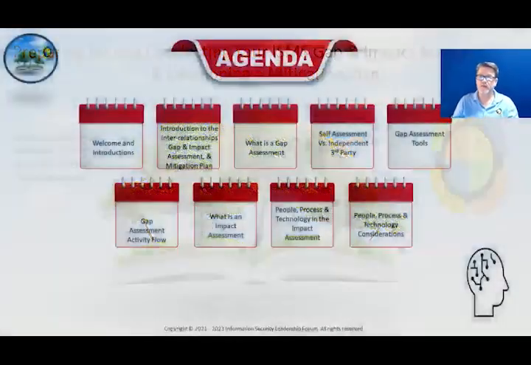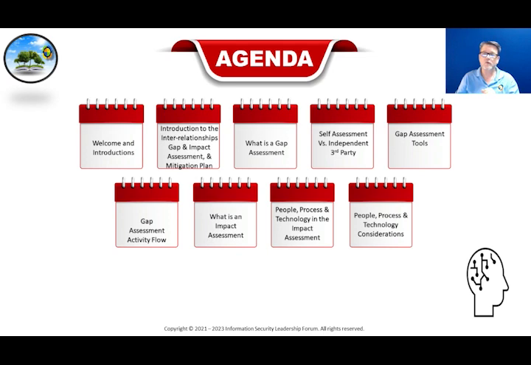During this session, we're going to be covering a bit of an introduction to the interrelationship between the gap impact assessments and the mitigation plan. We're going to give a bit of definition of what a gap assessment is. We're going to talk about the difference between a self versus an independent third-party assessment.